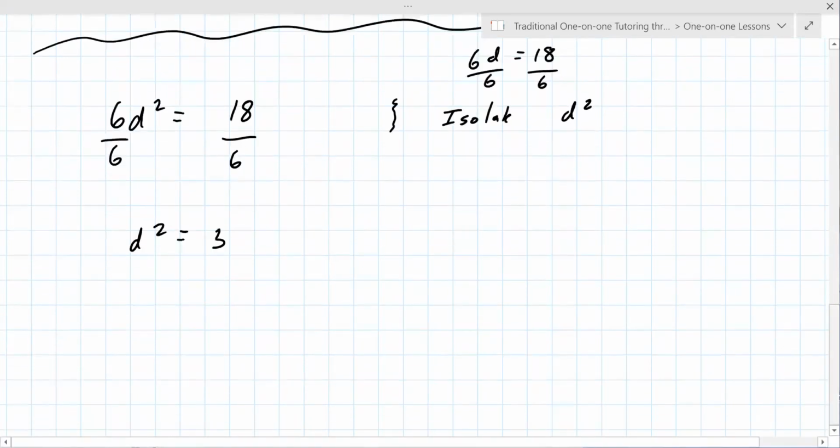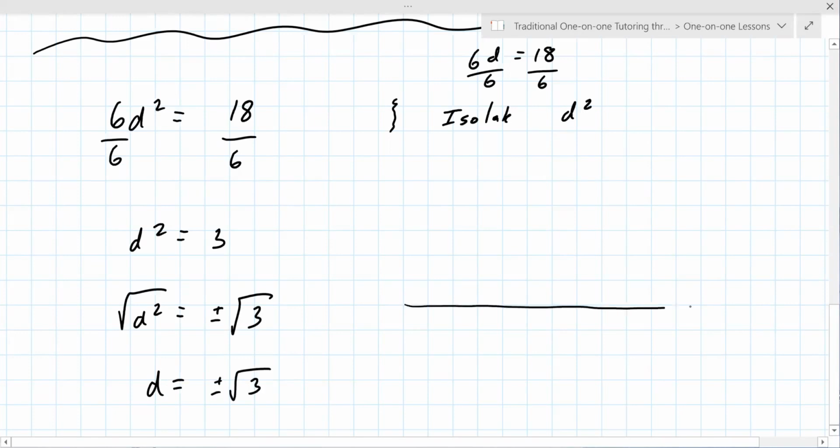Now, this is something that I noticed in your worksheet. You want to write this extra step here, plus or minus the square root of 3. And then what does that exactly mean? That's a more challenging question to answer. I'm going to try with the number line. On the bottom, this is 0 and this is 1.